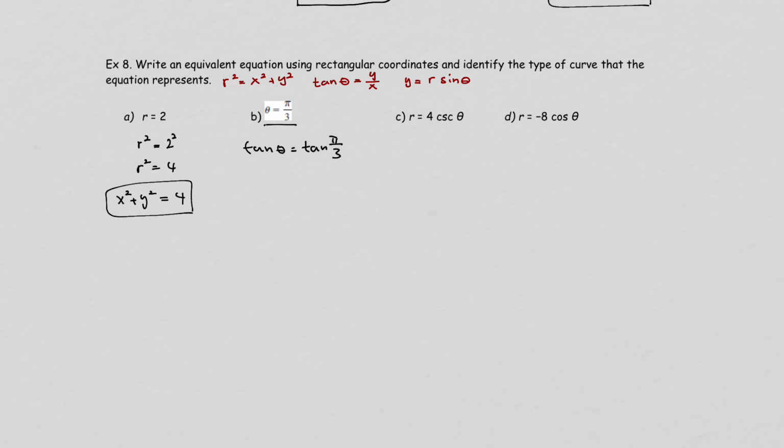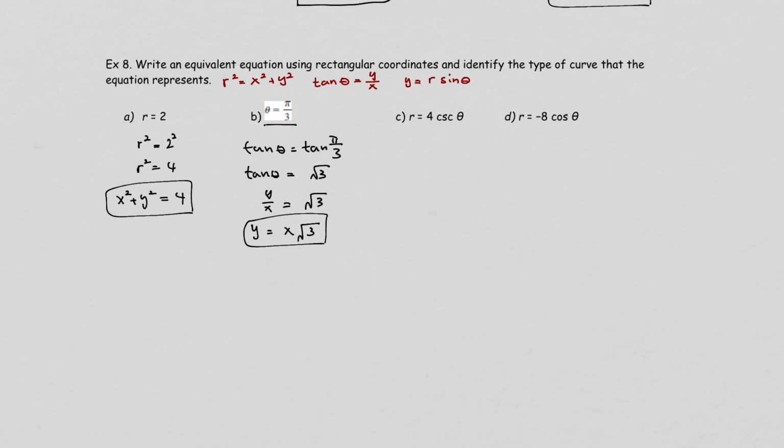And tangent pi over 3 is square root of 3. And we know tangent is y over x, so y over x is going to be square root of 3. Now in order to make an equation, you need to solve for y. So multiply both sides by x. You get y equals x square root of 3 as the equation.